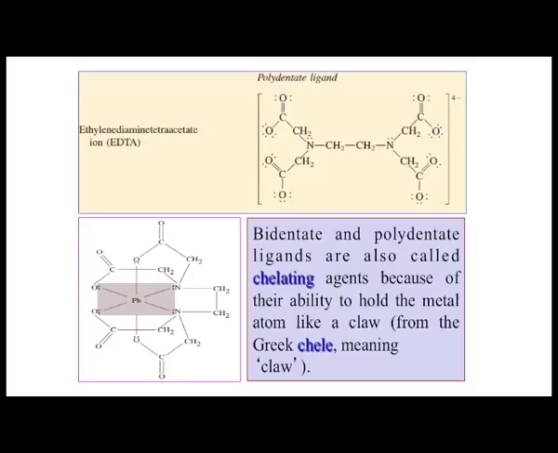As a result, the bidentate or the polydentate, that means the tridentate, tetradentate and hexadentate ligands, are all chelating agents, because they hold the metal like a claw. Again, like the definition for ligand from the Latin word, the Greek word chele is used for the claw, which is used for chelating coordination to the metal center by a bidentate ligand.